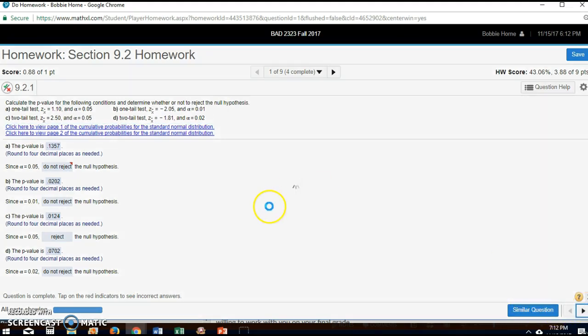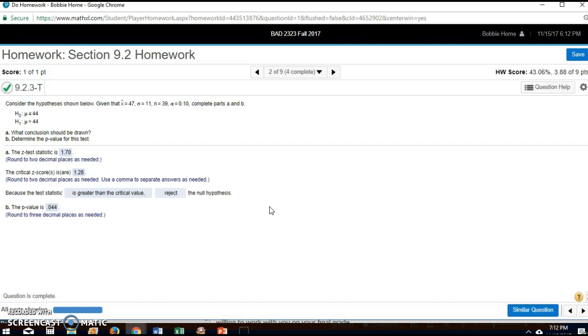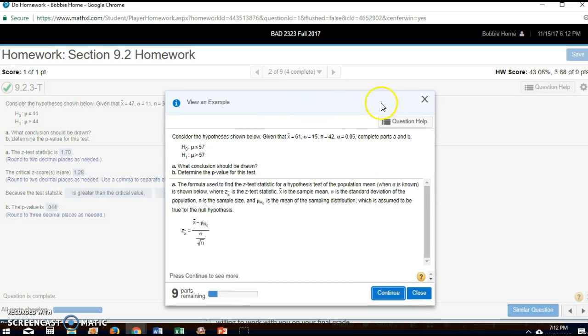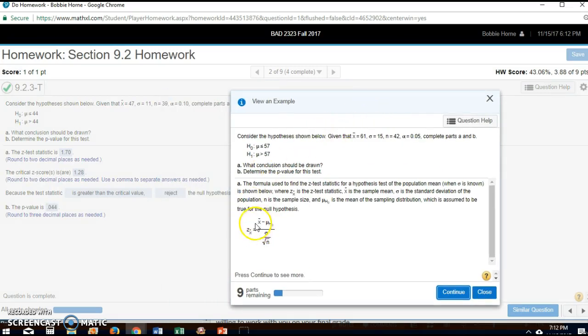Now, for the next problem, what I did was I actually calculated this by hand, and then I used StatCrunch to calculate these two. So to get the z-test statistic, I did use the formula. The formula is the mean of the sample minus the mean of the null hypothesis. So we can do the top part in our head, because 47 minus 44 is 3.